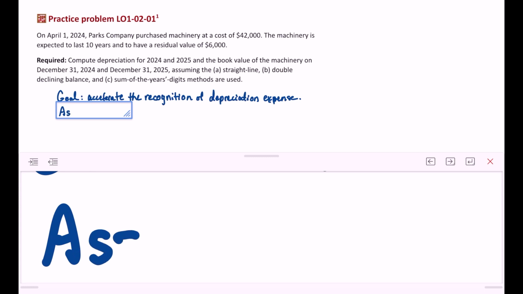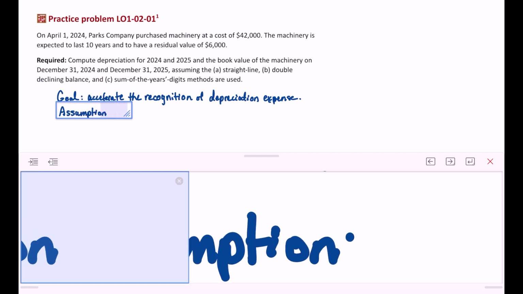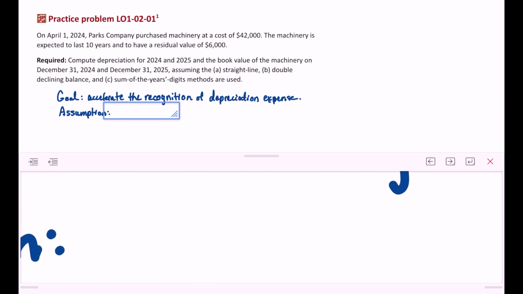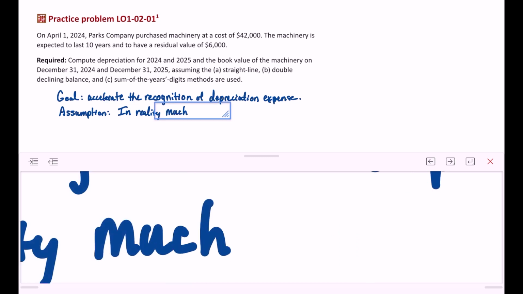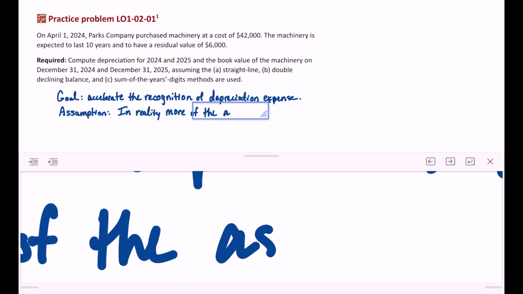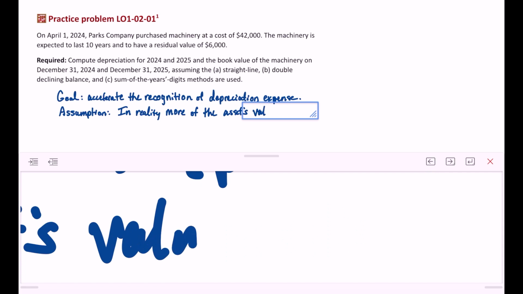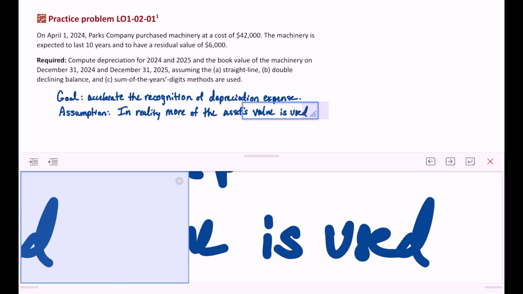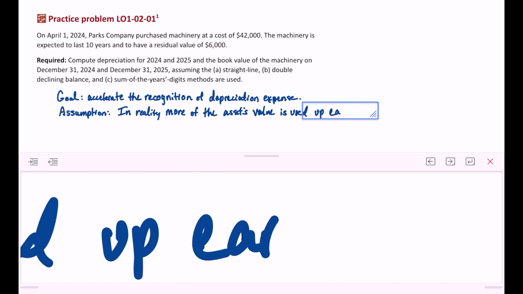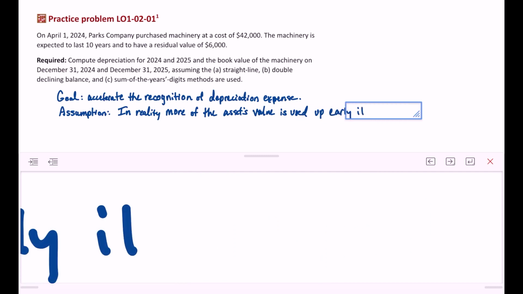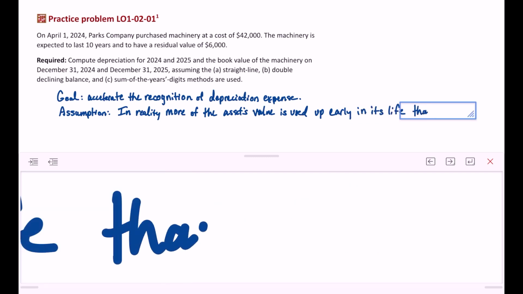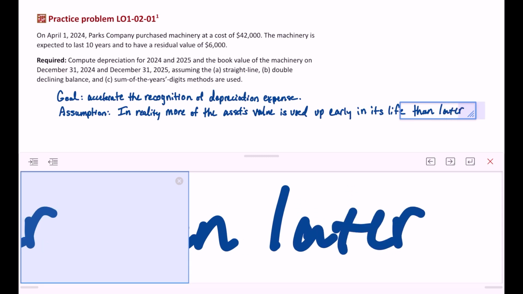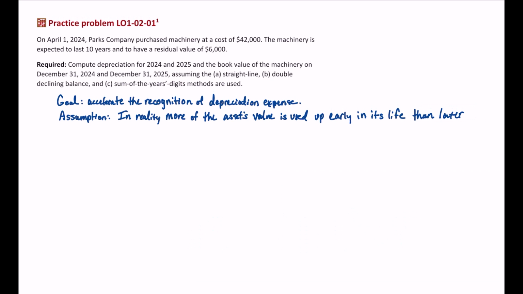And the assumption is that in reality, more of the asset's value is used up early in its life than later.